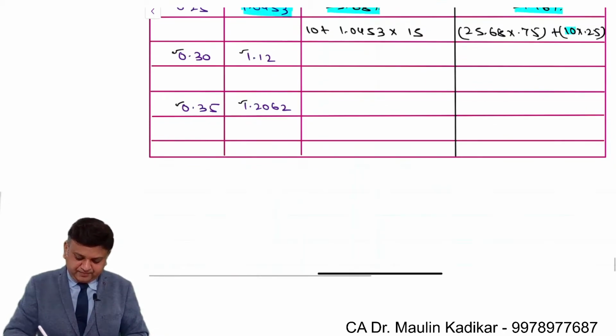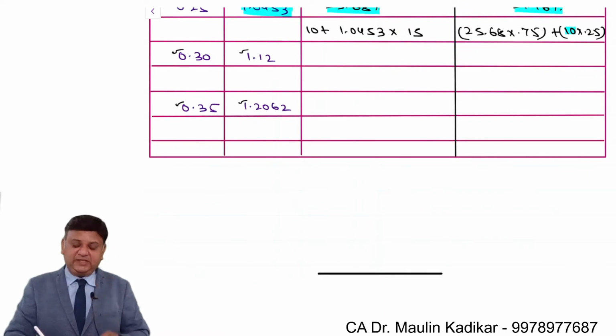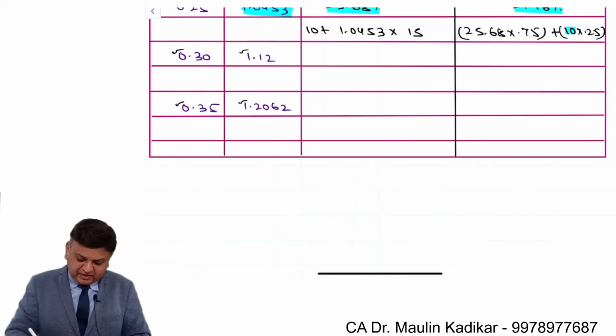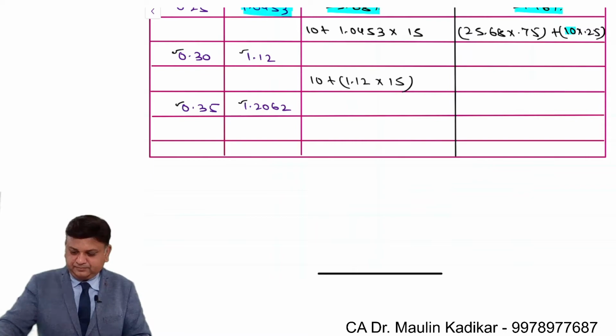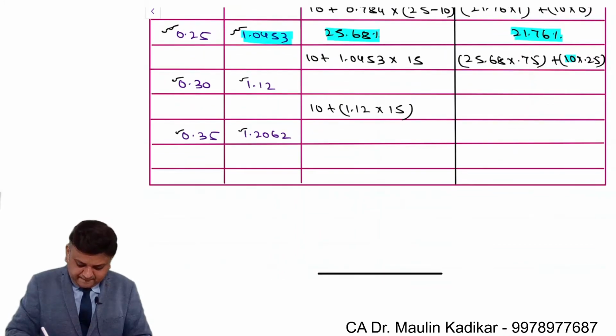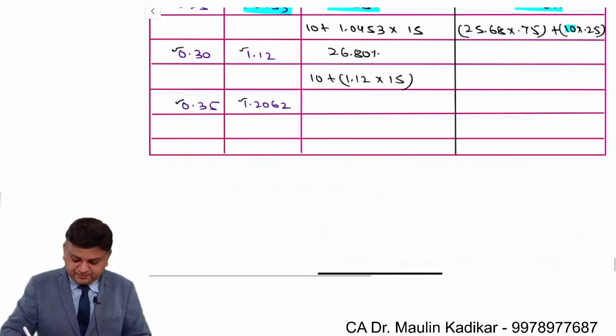Next, suppose there is 30% debt financing in the capital structure. Then what will happen? 10 plus 1.12 into 15, 16.8 plus 10, that comes to 26.8. This is of course the proxy form.